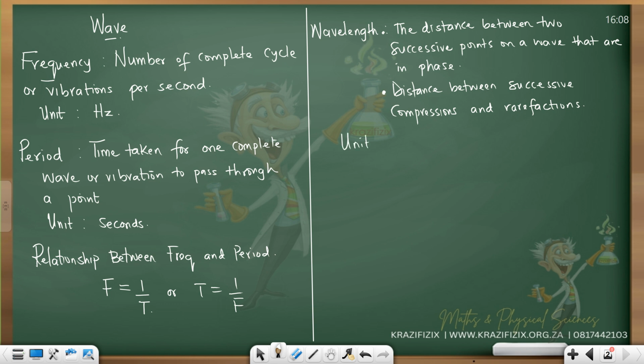And the unit is meters because we're talking about length. And what is the symbol? The symbol is lambda. We're looking at general properties that we are supposed to bring in from grade 10, pass through grade 11, and finally establish in grade 12.